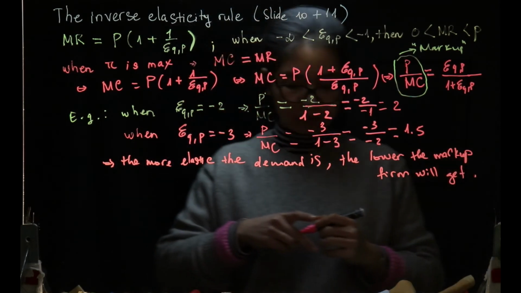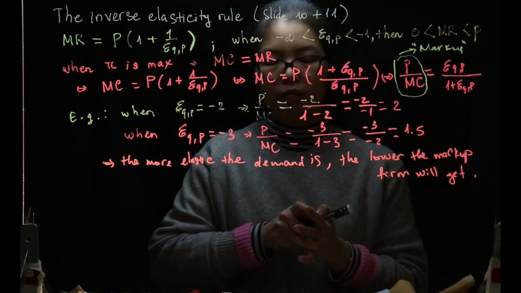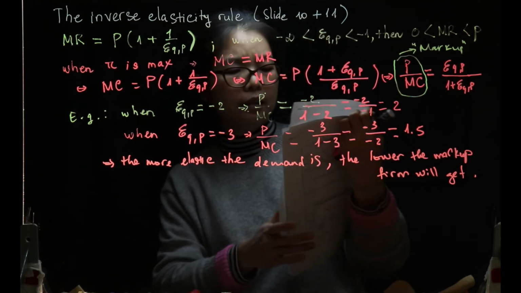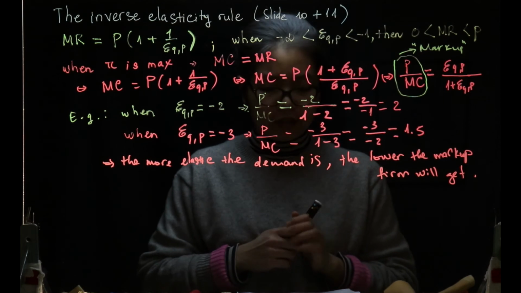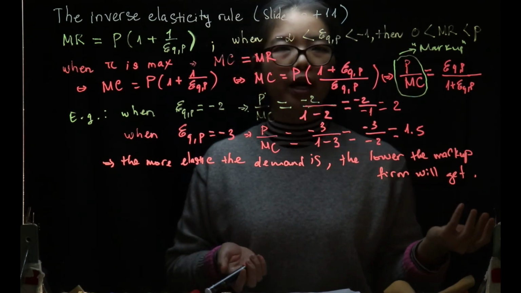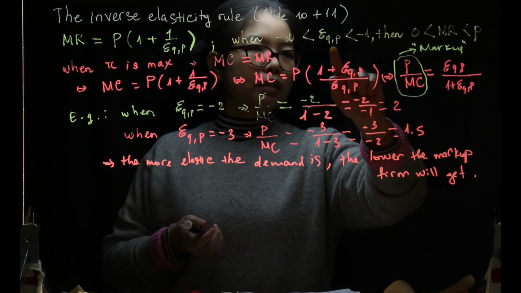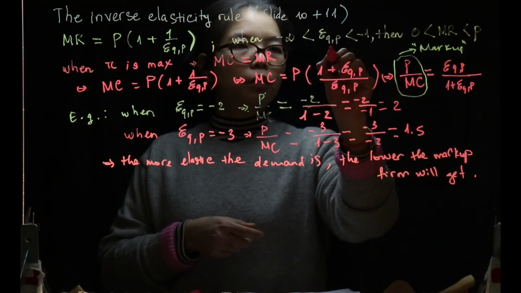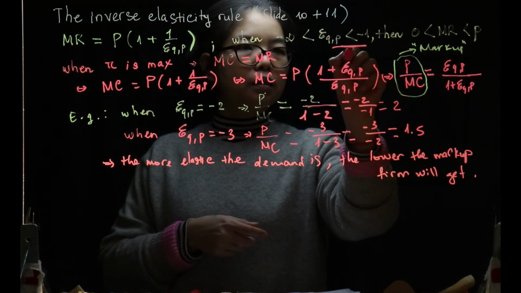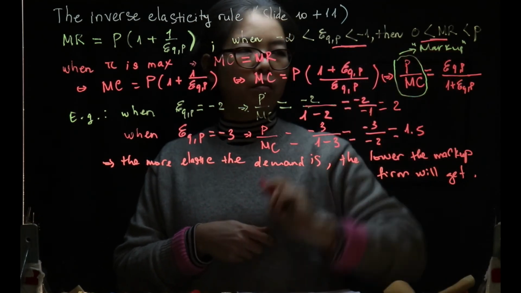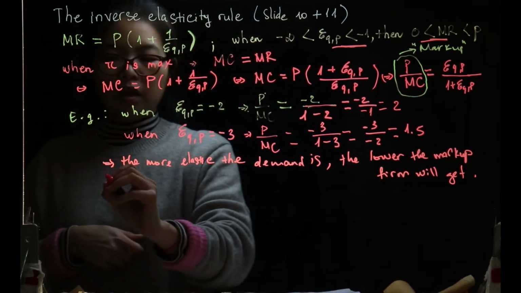Now, that's one thing. The second thing, on slide 11, which I have said already: only when the demand elasticity is smaller than -1, meaning it is elastic, then you have a positive marginal revenue.